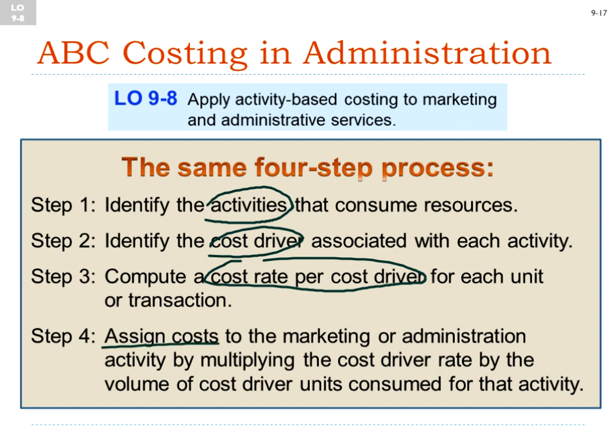So again, it's very similar to what we've done, and this four-step process is the same four-step process that we did a few slides earlier. It doesn't matter whether you're doing administrative services or another different type of industry, the same four-step process for ABC costing will be about the same.